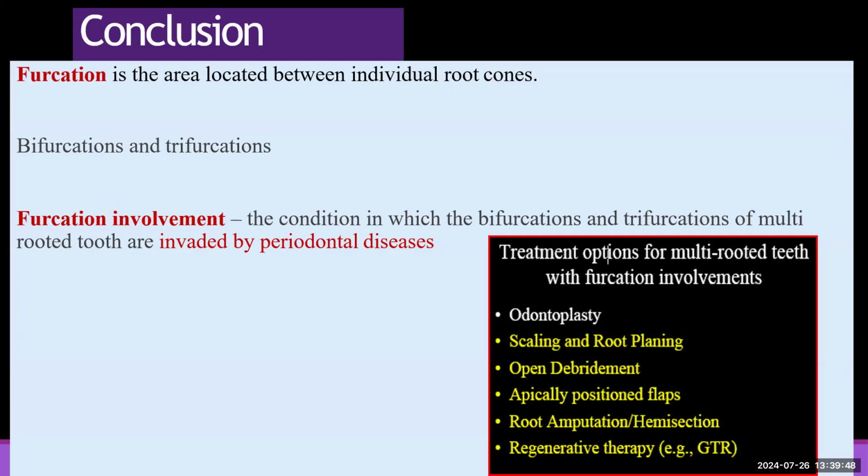Effective diagnosis and management is key. We have to be able to diagnose the furcation involvement correctly and classify it correctly, so that we can advise the patient as well as formulate an adequate treatment plan.